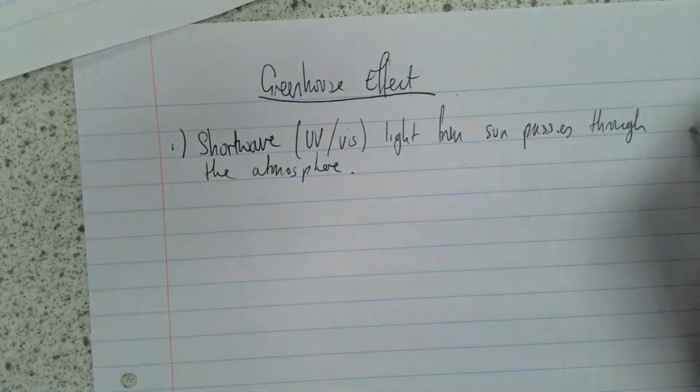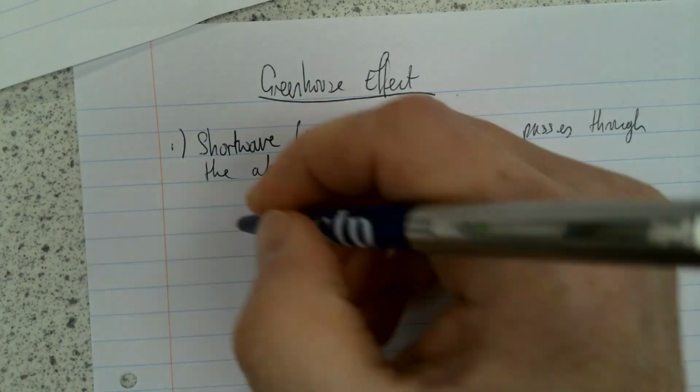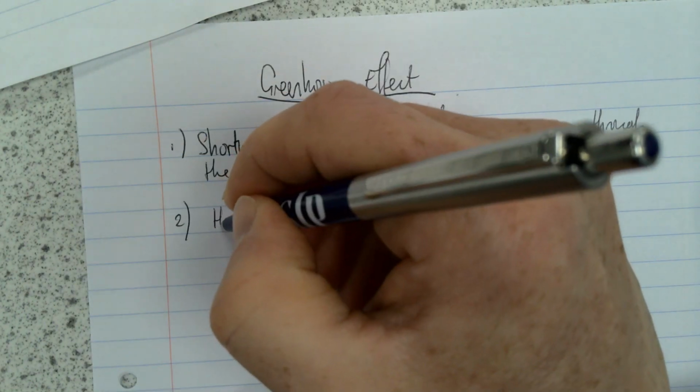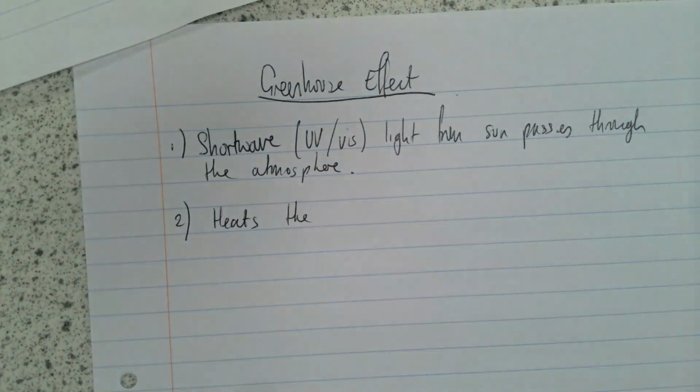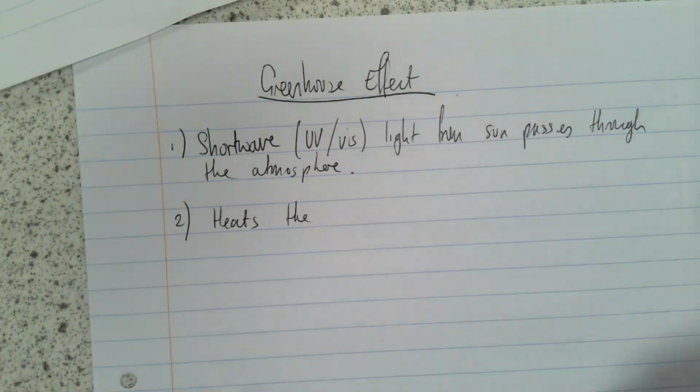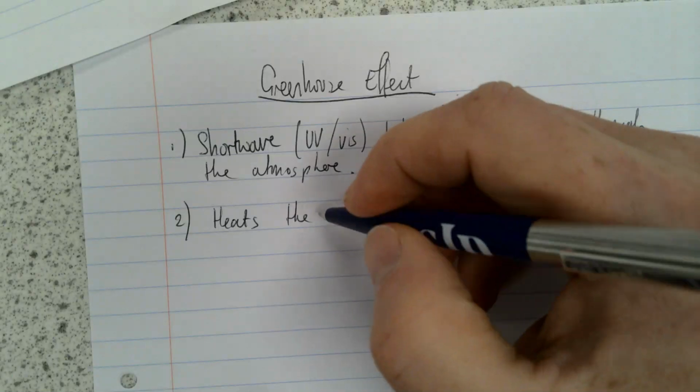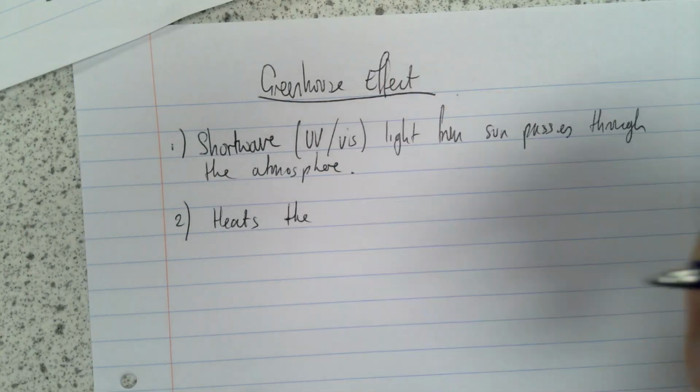That's the mark that most often is missed, I would say. The surface of the Earth then absorbs that radiation, and the surface of the Earth is therefore heated.